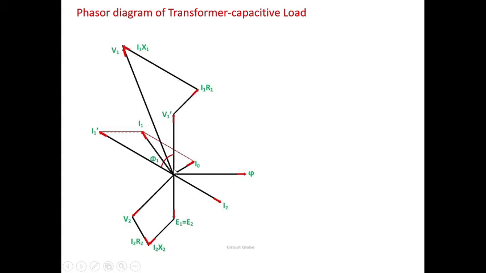Then joining from this point we will be getting V1. Similarly, at V2 we will be drawing I2, and in phase with I2 we will be drawing I2 R2. Then vertically we will be drawing I2 X2. Then we will be getting this. So this is the phasor diagram of the transformer at capacitive load.